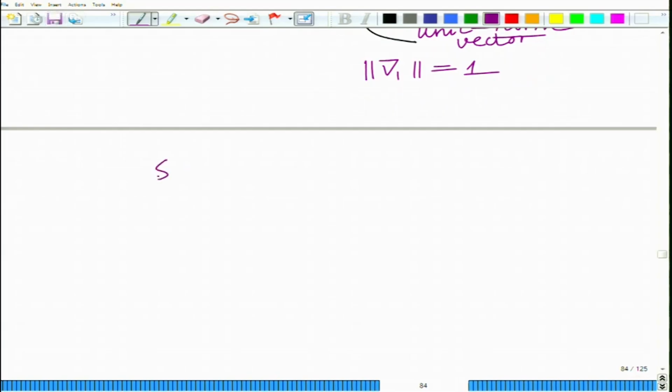Now, in step 2, what we do is we want to create a vector that is orthogonal to V1 bar.